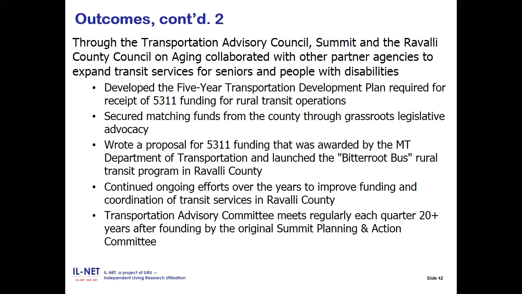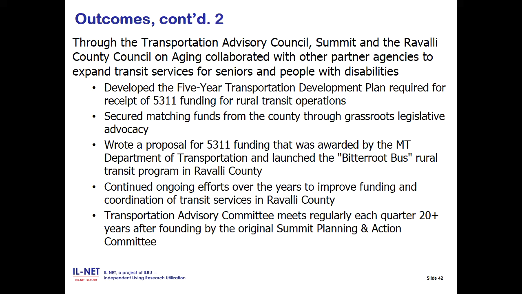I've outlined a few of the step-by-step things that that group worked on to put together a rural transit program. One of the opportunities identified through the concerns report process was that the local council on aging had some accessible vehicles, but they didn't really have funding to do anything other than provide rides to their clientele.